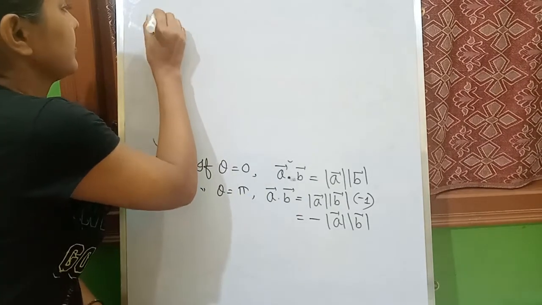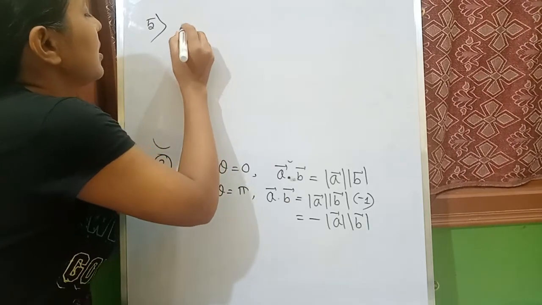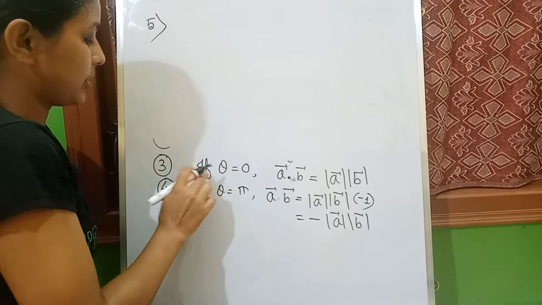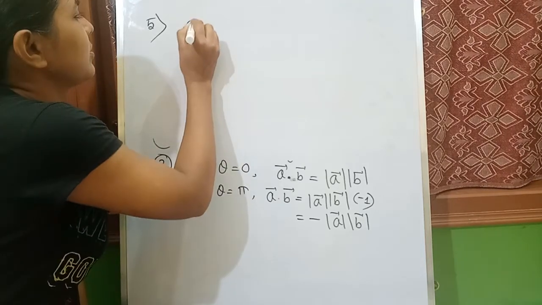Number 5 is an application of 3, where theta equals 0.